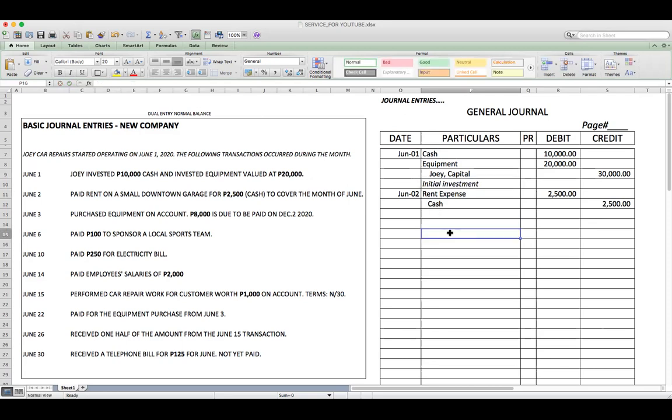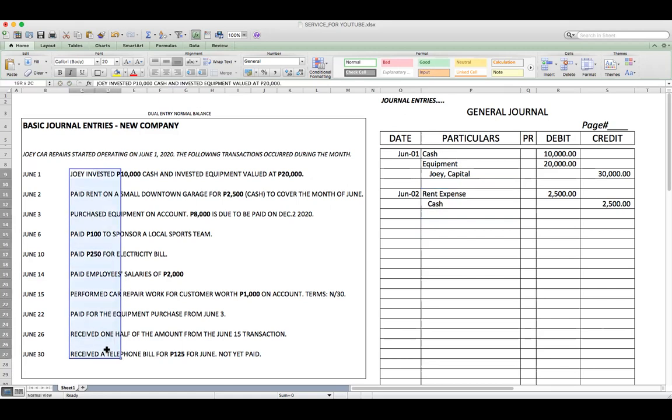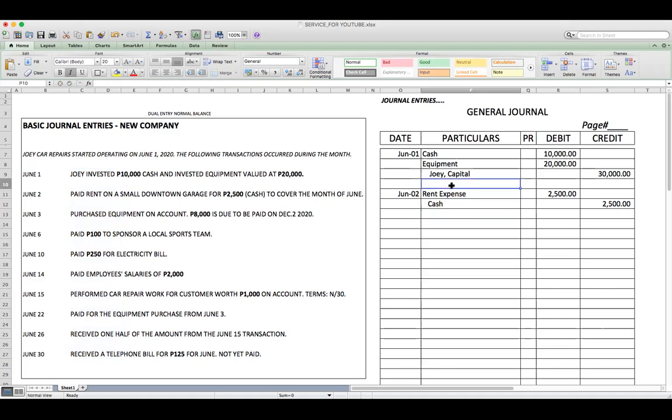Okay? So, pwede rin lagyan natin ng sa June 2 ng paid rent, okay? Pero alisin ko na lang yung brief descriptions kasi dito naman kinukuha yan sa mga transaction. Pwede mong ulitin yung sinabi niya diyan bilang bahagi. Paikliin mo na lang, it becomes your description. Okay, ang mahalaga ay kung ano yung account title natin.